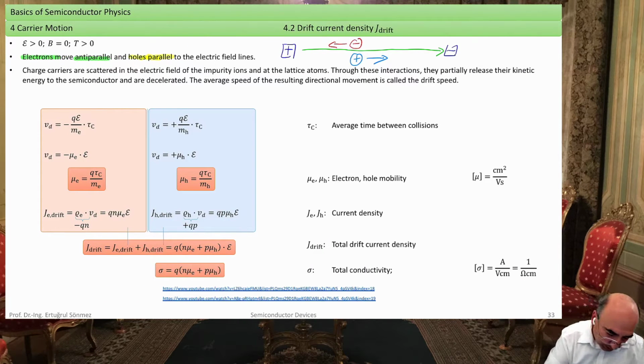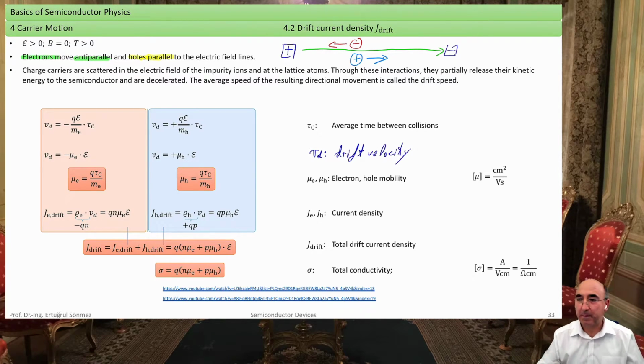So the drift velocity. I just put this text in here. That's the drift velocity. Okay, here we are.